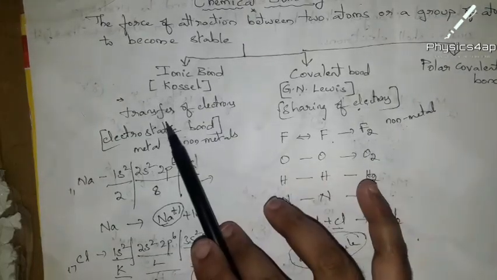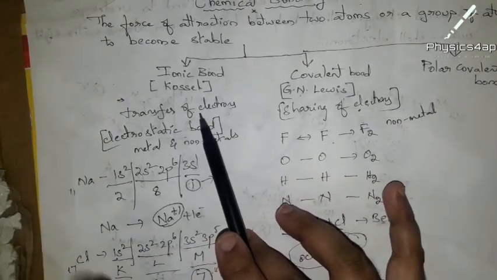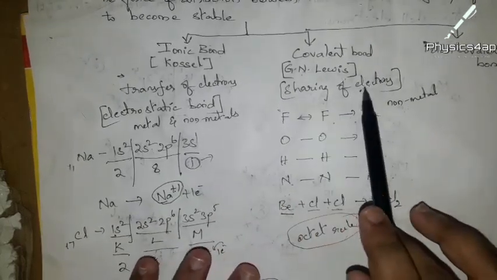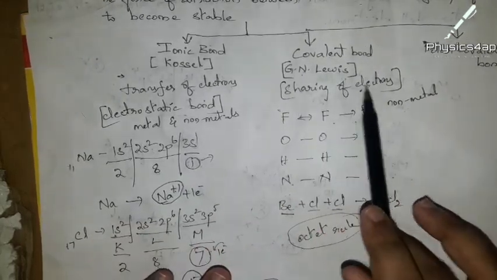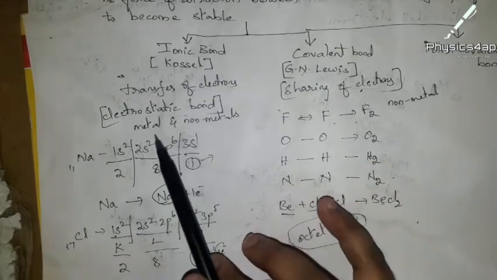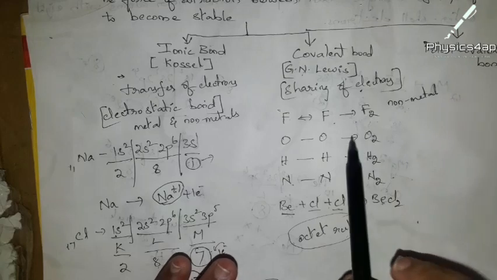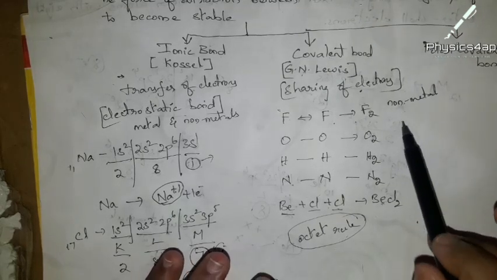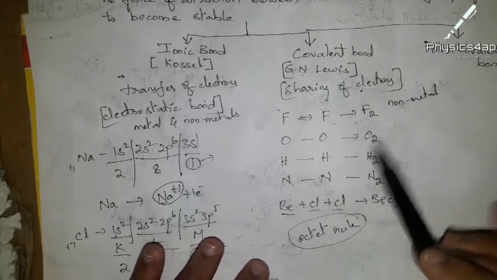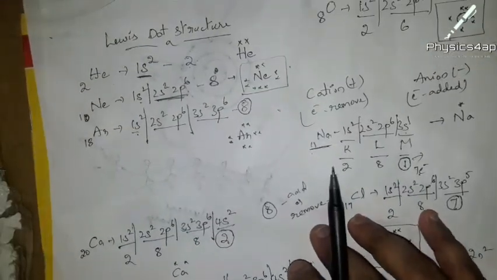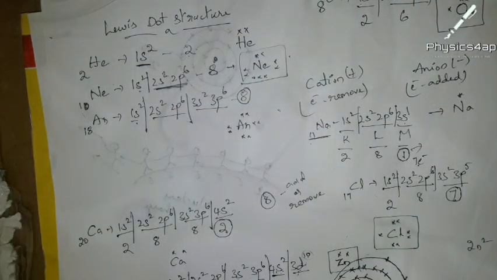Ionic bond is the bond formed by the transfer of electrons, and covalent bond is the bond formed by the sharing of electrons. Ionic bond is formed between metals and non-metals only. Covalent bond is formed between metals and non-metals, as well as non-metals and non-metals. Is it clear? And then we have discussed the Lewis dot structure, how to draw it, clearly here.